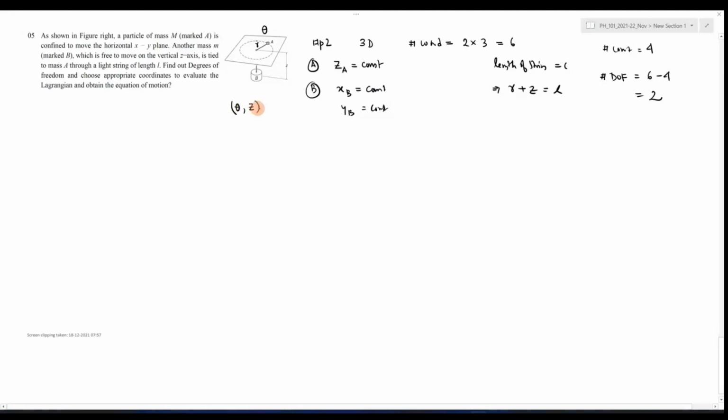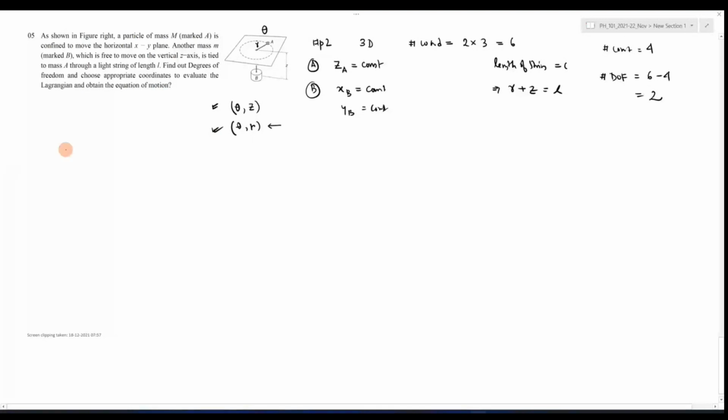You can take theta and z, or you can have theta and r. So what is the benefit of choosing theta and r? You can simply take plane polar, you can directly write the kinetic energy part, it will be very simple. But both are the same, okay? Both are identical, similar only.